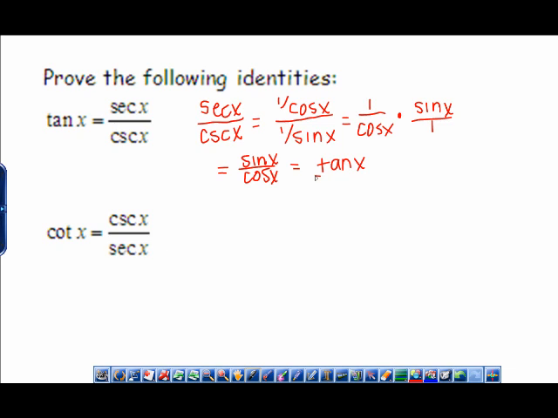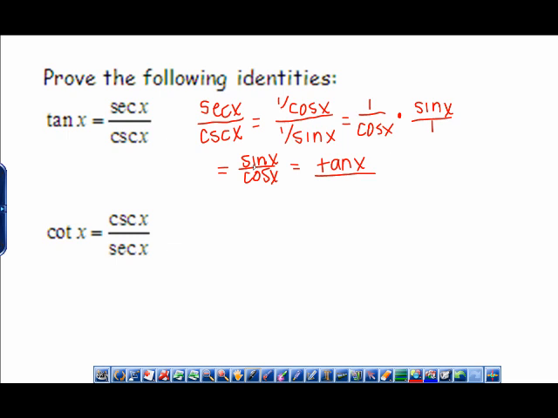I didn't skip steps. I didn't assume anything. I wrote it all out. That's the whole point of the trig proof. The trig proof isn't asking you if these two things are equal to each other. They're telling you they're equal. You have to write out each step, never assuming that the reader of your proof, even though that will be me most of the time, knows what you mean.